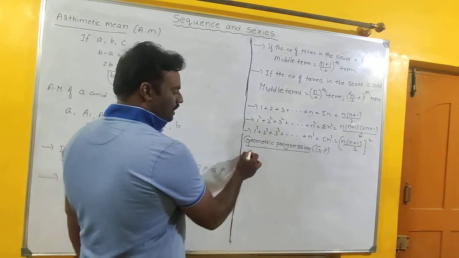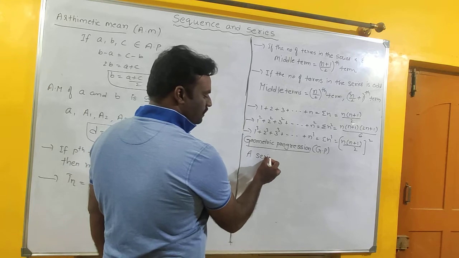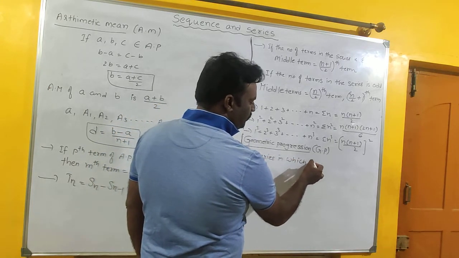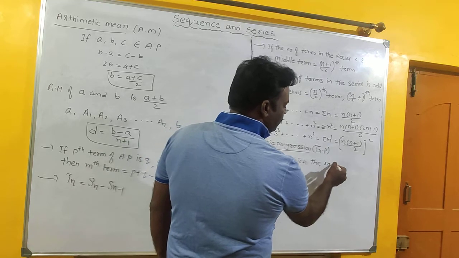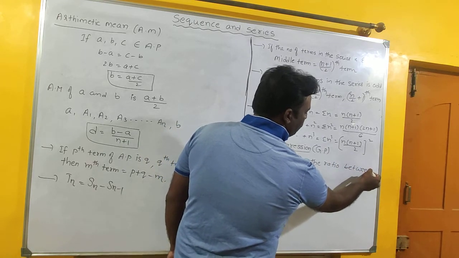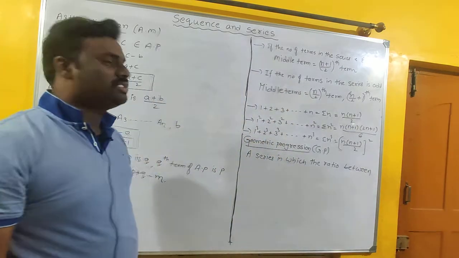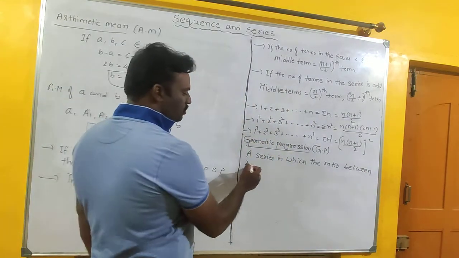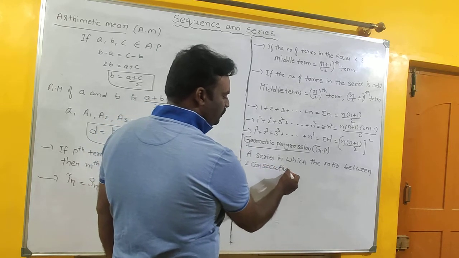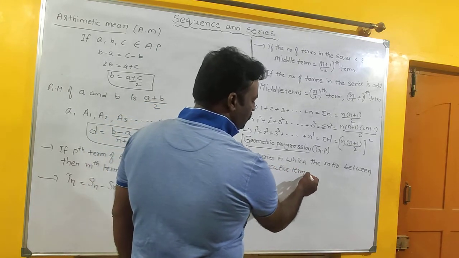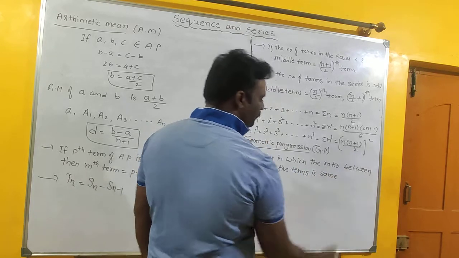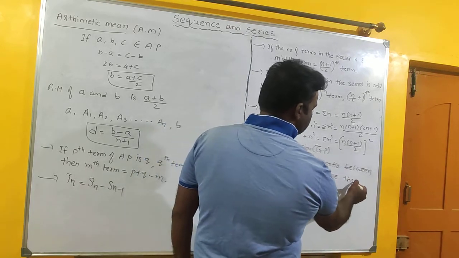The definition: a series in which the ratio between two consecutive terms is the same throughout the series.